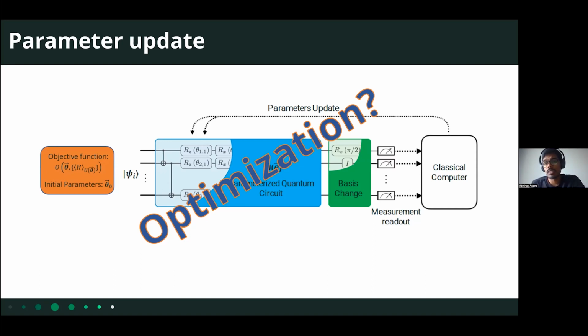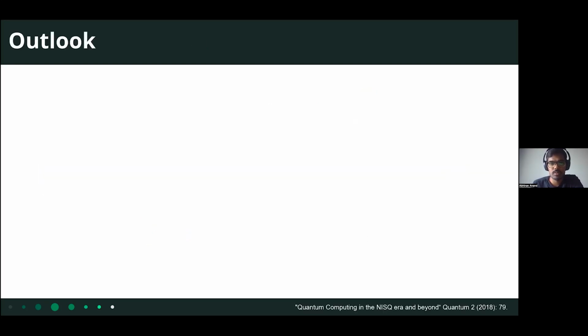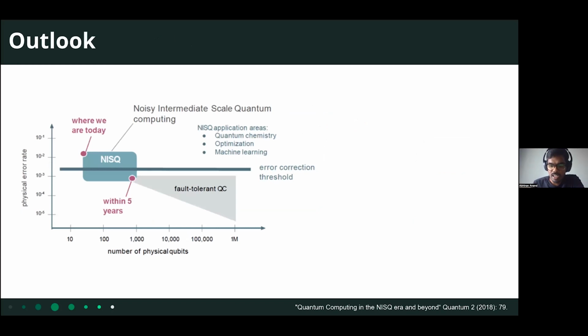So these are some of the more important problems that we have to solve before we can actually run some important problems using variational algorithms. So where are we right now? As I said, we are still here in this NISQ era. Maybe we have moved a little bit to the right, but we need to keep working on better applications.